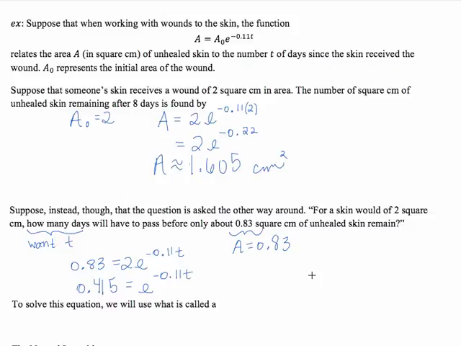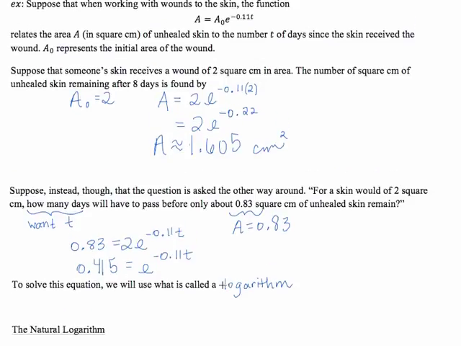Well, we don't have the techniques to solve that because the t is up there in the exponent. The only way to get the t out of the exponent and solve that equation is to use what is called a logarithm. It just gives us a way to access the exponent of an exponential function.